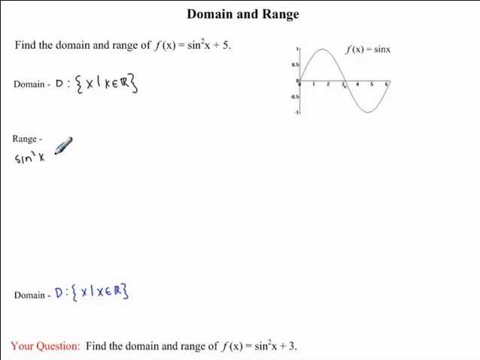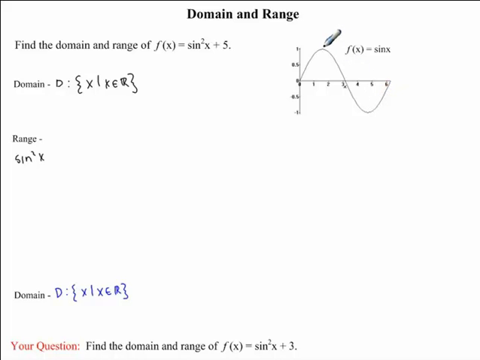Now, I mentioned earlier, to draw the graph of y equals sine squared x, we would have to multiply all the y values of the graph of y equals sine x by themselves. We only want to deal with the maximum and minimum values of y equals sine x because we want to find the range for y equals sine squared x.